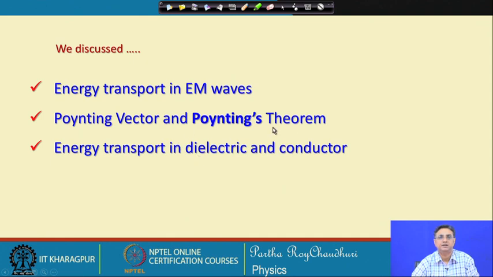Through Poynting's theorem, the total amount of electromagnetic energy flowing inside a certain volume of space through which the electromagnetic wave is propagating is equal to the amount of energy leaving that space plus the amount of energy lost within that volume. So, energy transport in the case of a dielectric medium as well as a conducting medium we have also calculated.